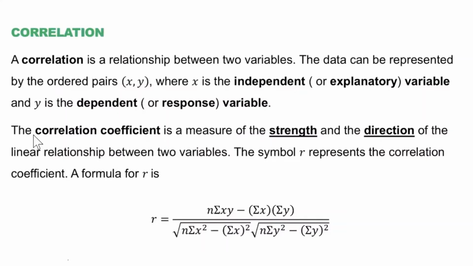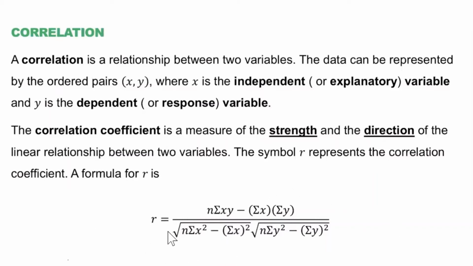When we calculate the correlation coefficient, denoted by R, it will give you the strength and the direction of the relationship between two variables. And this is the formula to measure the strength of the relationship between the X and Y variables.